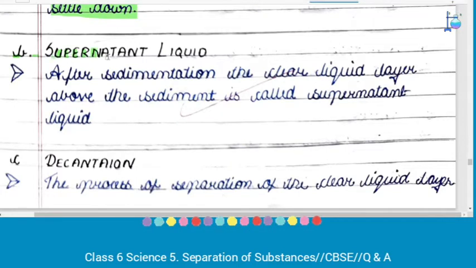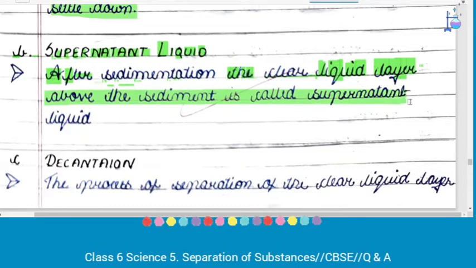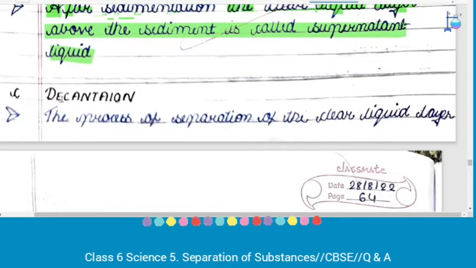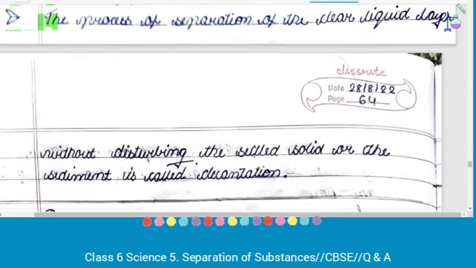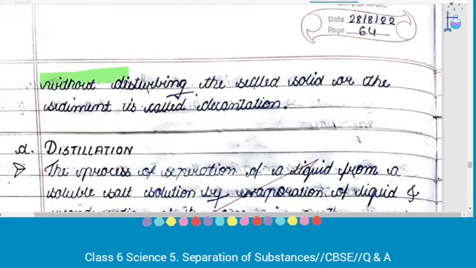Second, supernatant liquid. After sedimentation, the clear liquid layer above the sediment is called supernatant liquid. Decantation. What is decantation? The process of separation of the clear liquid layer without disturbing the settled solid or the sediment is called decantation.